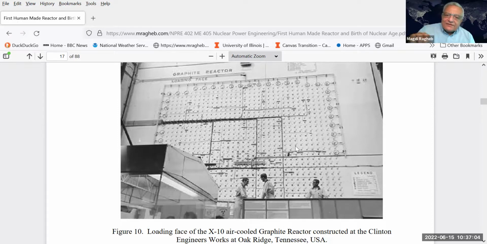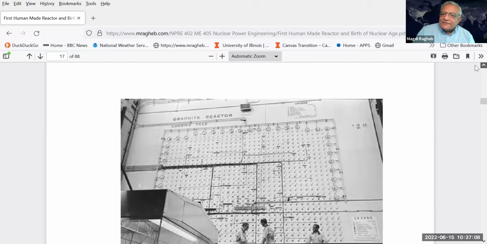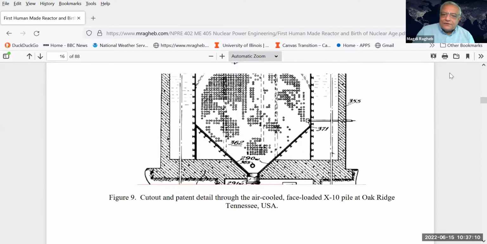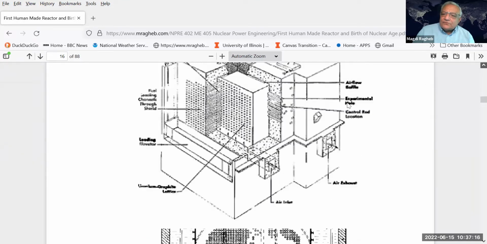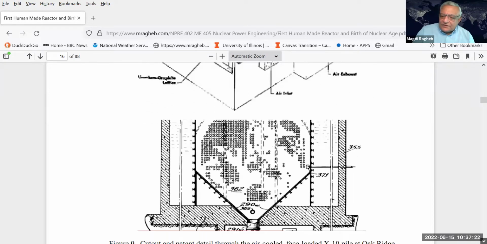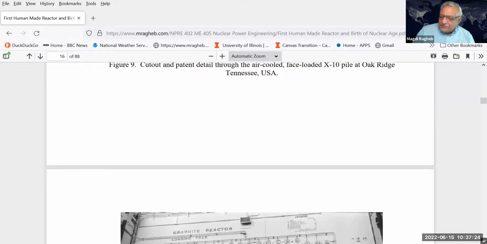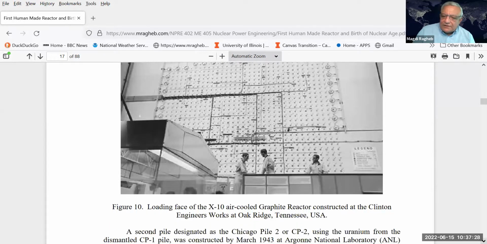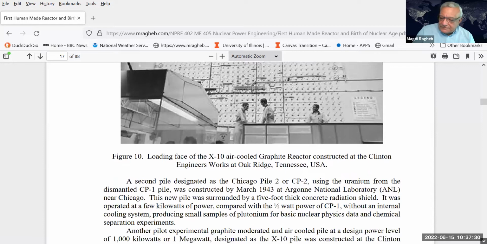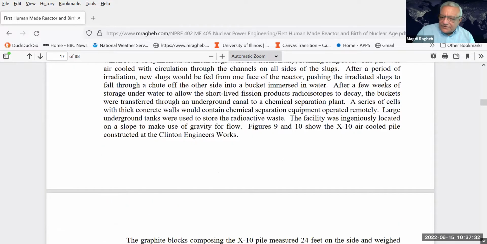You add another lump, you push it to the other side, and that is part of the patent application for that reactor. Then the lumps would fall from the other side into buckets containing water, and then using chemical processes, you would separate the plutonium from that uranium material that you have irradiated in the reactor.